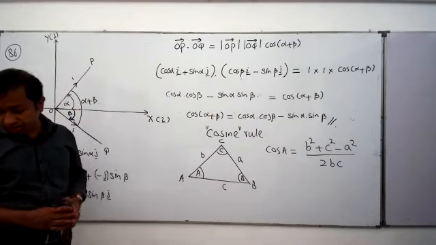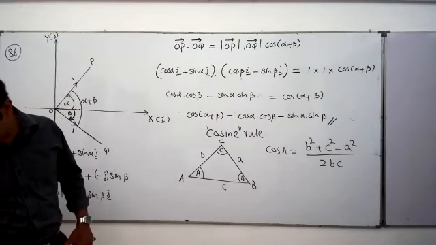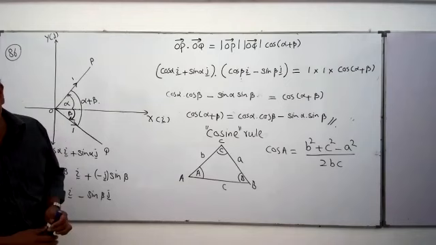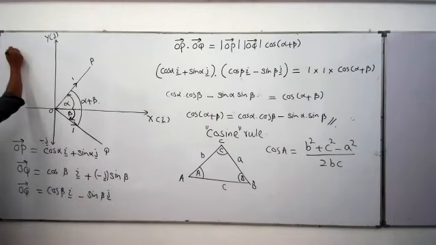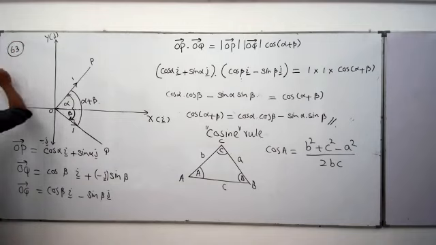That question is available, people, in question number 63, part 2. Right? Prove that in usual notation for any triangle ABC. Take question number 63 as the next. Right, cosine rule.